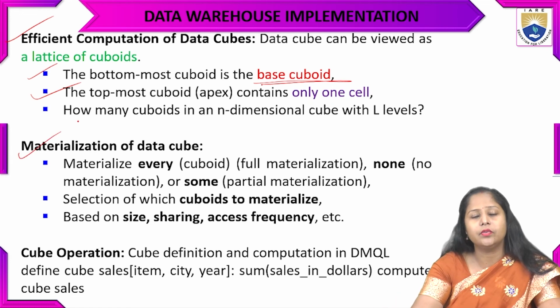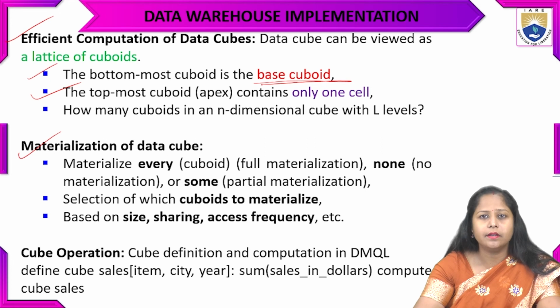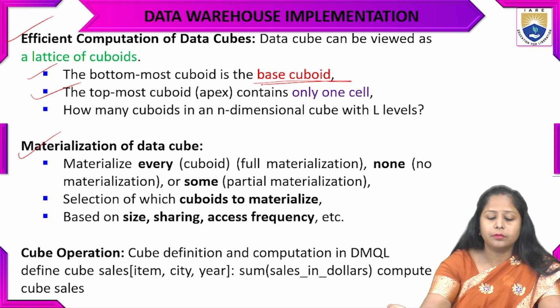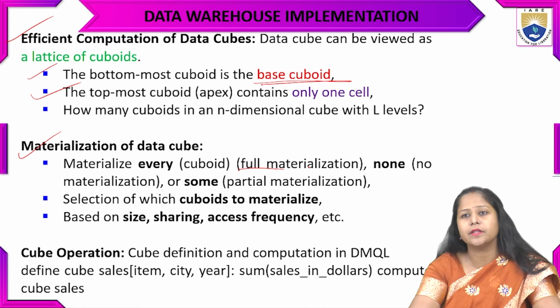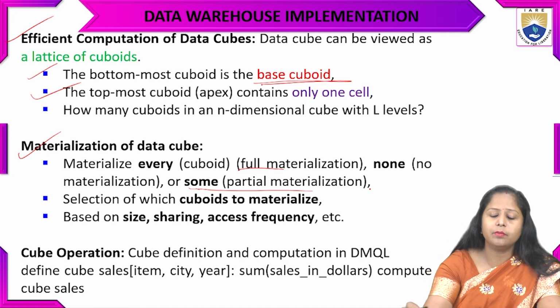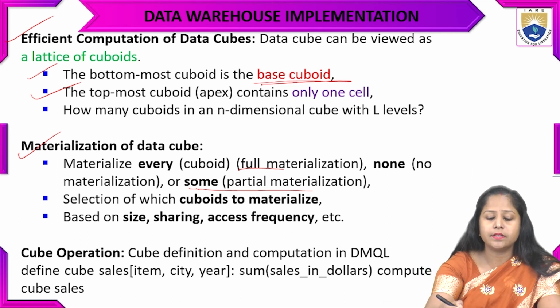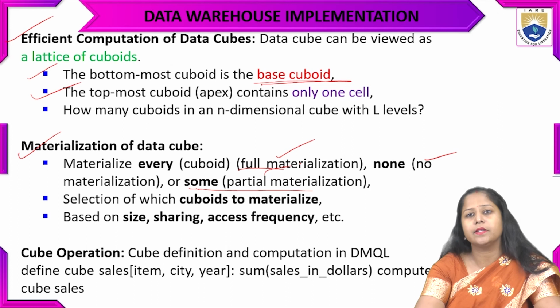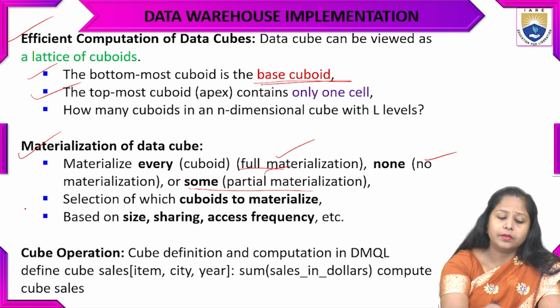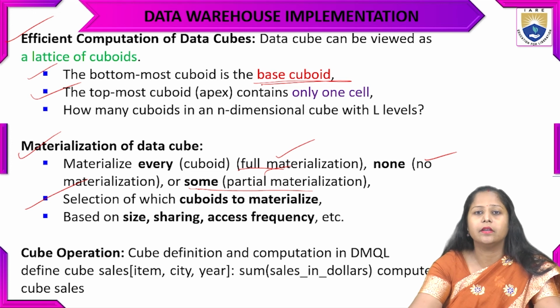The materialization of the data cube is important. For every cuboid, we can have full materialization, no materialization, or partial materialization. So these are the three options for materialization.